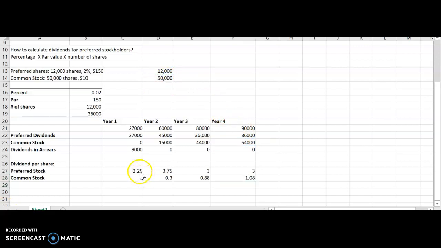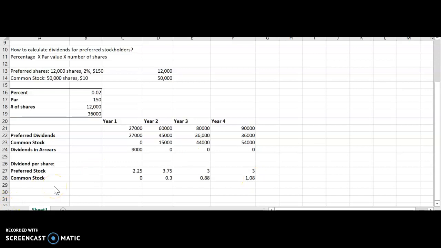So that tells us in year 1, the preferred stockholders got $2.25 per share, and the common stockholders got $0 per share. And if we skip over to year 4, this tells us that we got $3 per share of preferred stock and $1.08 per share of common stock.